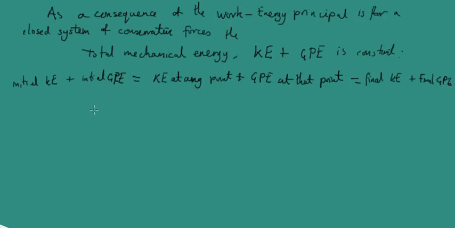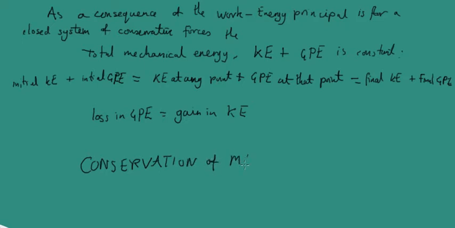Alternatively, we can think of that as the loss in gravitational potential energy being equal to the gain in kinetic energy, or vice versa. The gain in gravitational potential energy will equal the loss in kinetic energy. We call this conservation of mechanical energy.